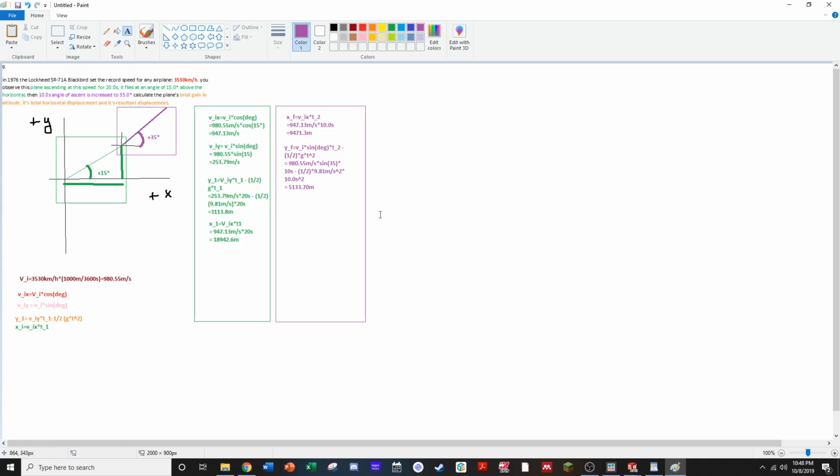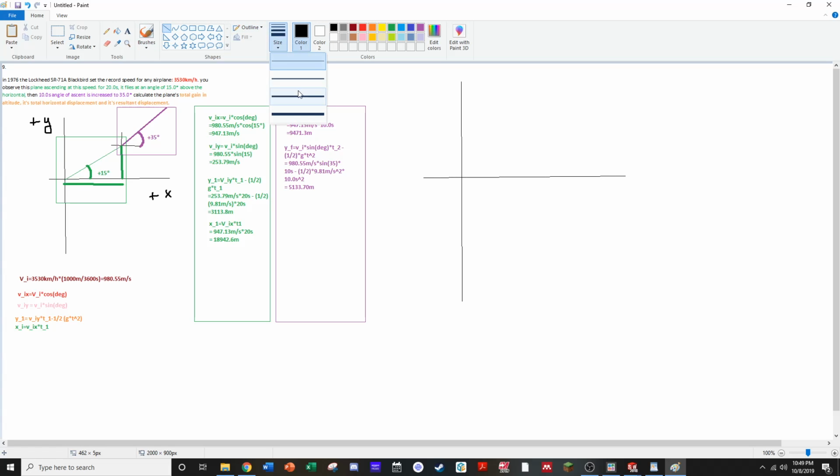Now we're going to go ahead and figure out what our entire displacement is in the y direction. So let's see, I'll go ahead and redraw our coordinate values right here. That should be black. And our x value here.